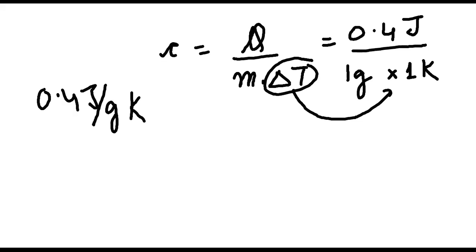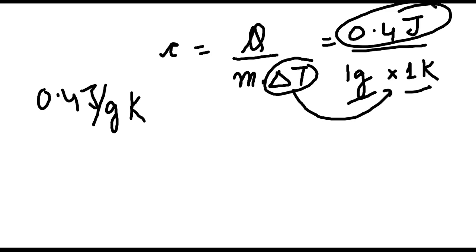So how to write down the definition? The definition can be written as, the statement means that the heat energy required to raise the temperature of 1 gram of copper, since in the question it was copper, we will write copper, by 1 Kelvin is 0.4 joules.